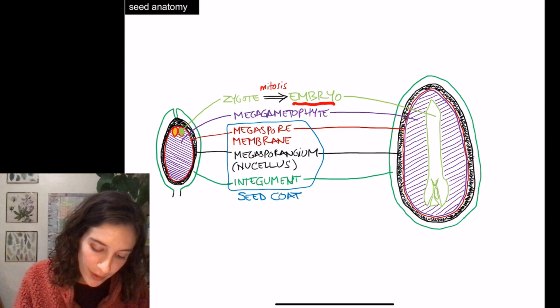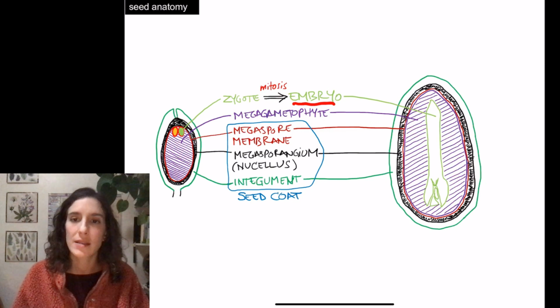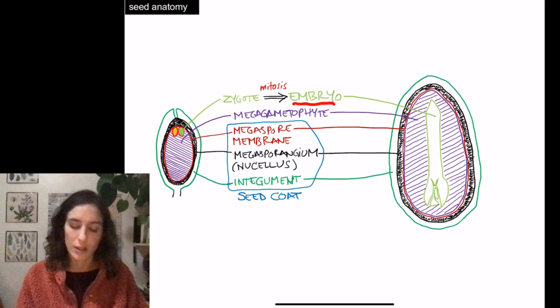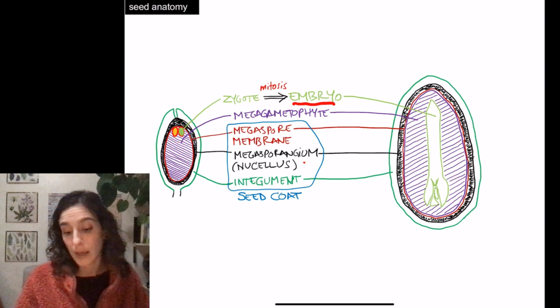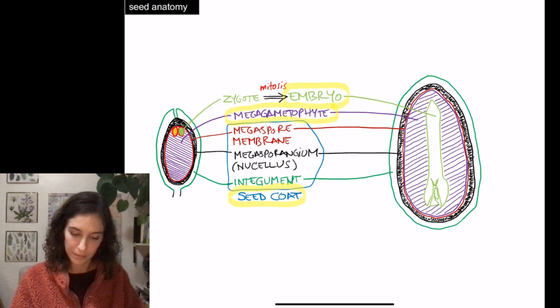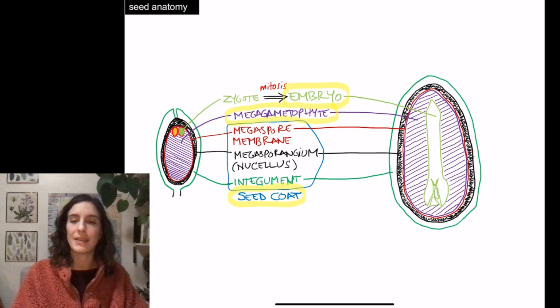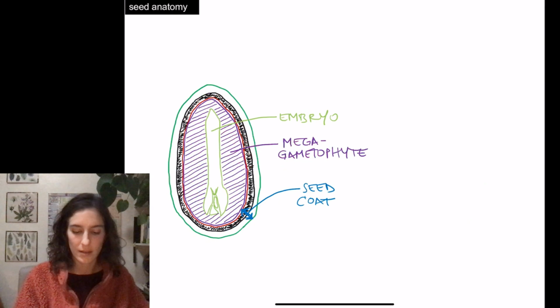And then the outside of the megagametophyte is the seed coat. The seed coat has multiple layers, including that very outer integument that we talked about a long time ago, the megasporangium, and also, I guess, in theory, that megaspore membrane, which is possibly very thin. Okay, the embryo, the megagametophyte, and the seed coat together, these make a seed. This is a seed, finally.